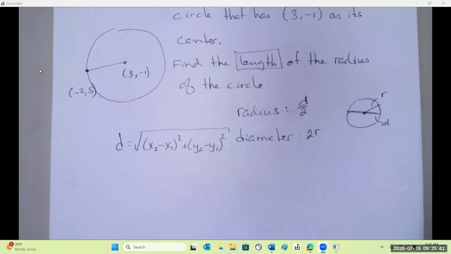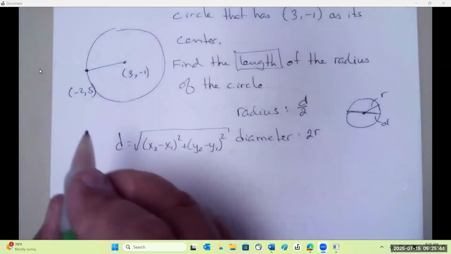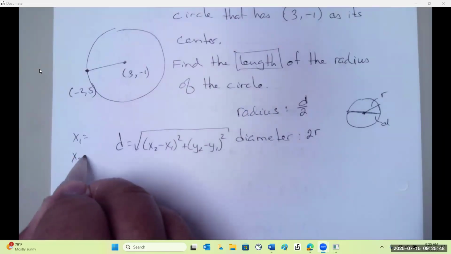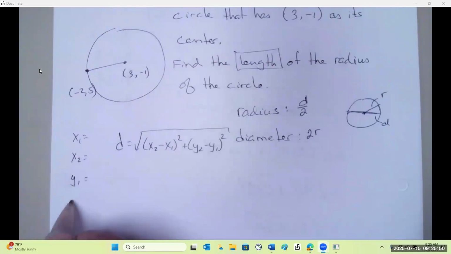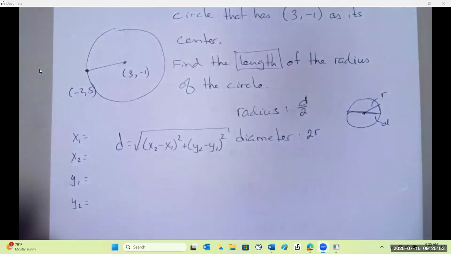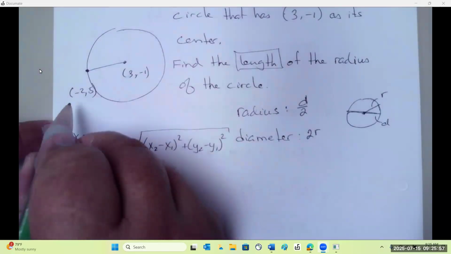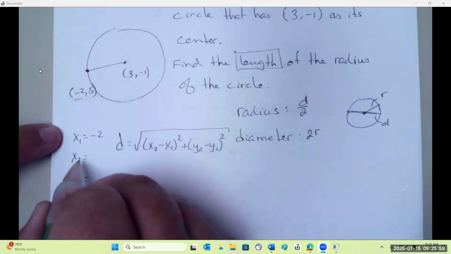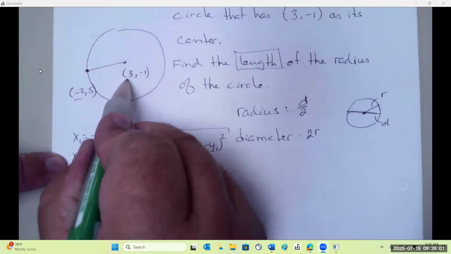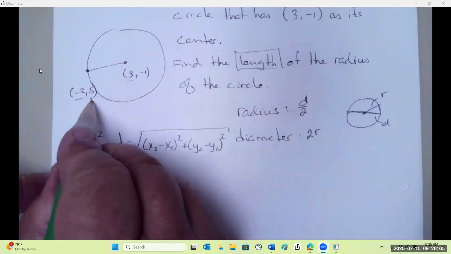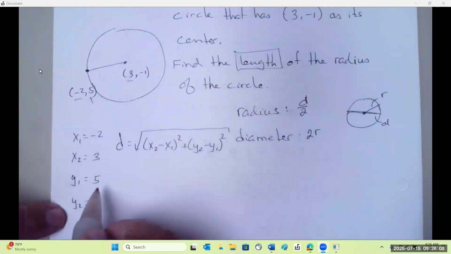We just plug in the values. Well, if we label them first, x1, x2, y1, y2. So what is x1? -2. x2, 3. y1 and y2.